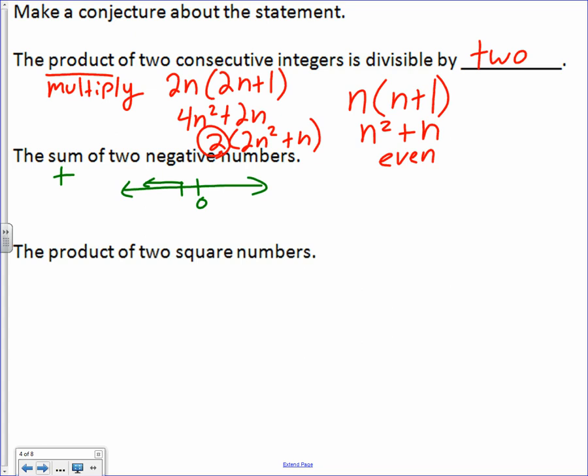We're going further to the left. So what would it be possible to have if you take two negative numbers and add them together? It would be impossible to get to a positive number. So my conjecture here would be the sum of two negative numbers must be negative. It cannot be positive.